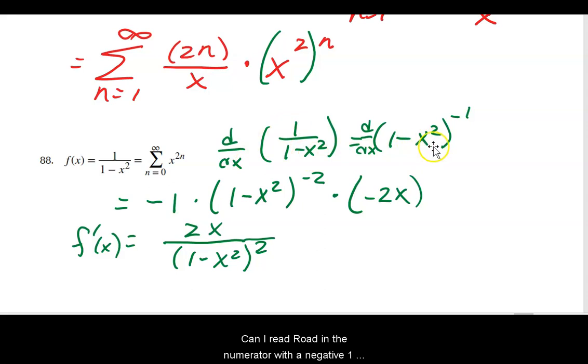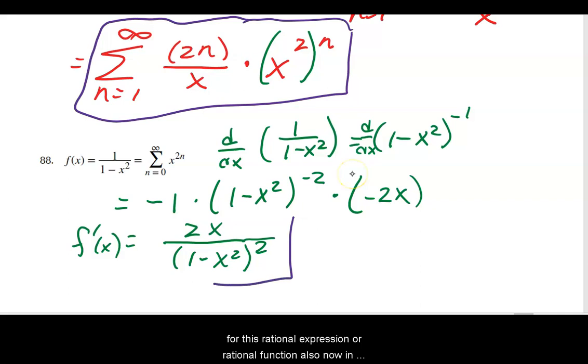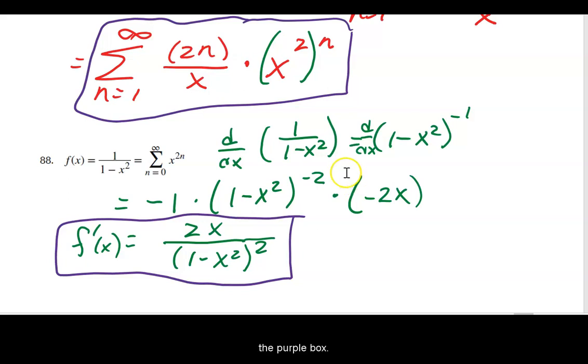Then I rewrote it in the numerator with a -1 power and applied the power rule. This led to 2x over 1 minus x squared quantity squared. In other words, this representation here, now in a purple box, this power series formula is the power series for this rational expression or rational function, also now in the purple box.